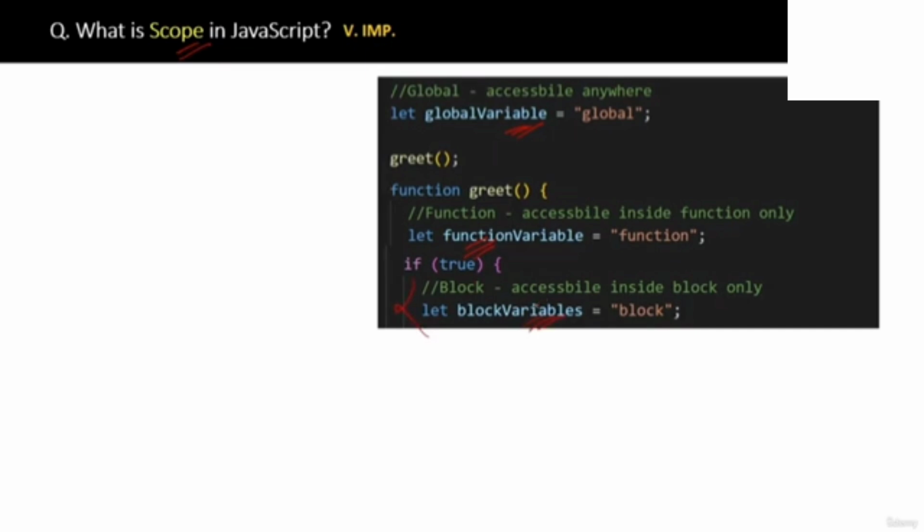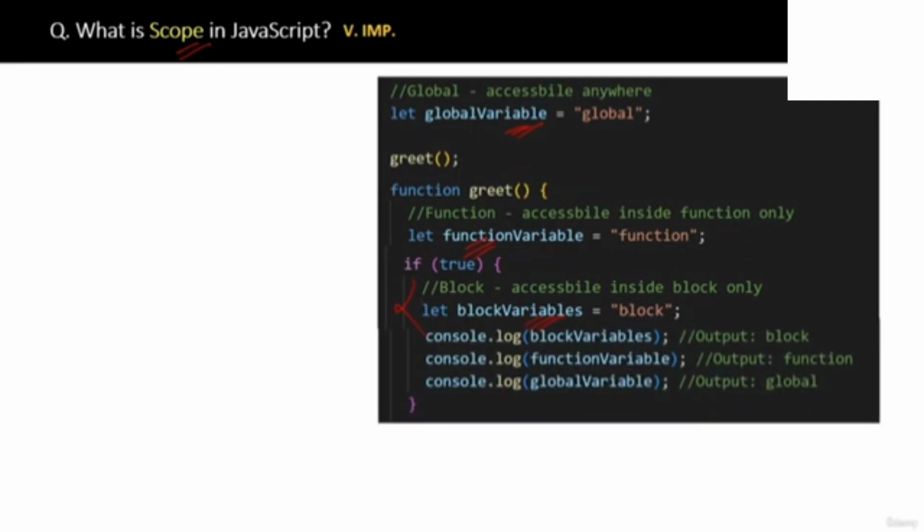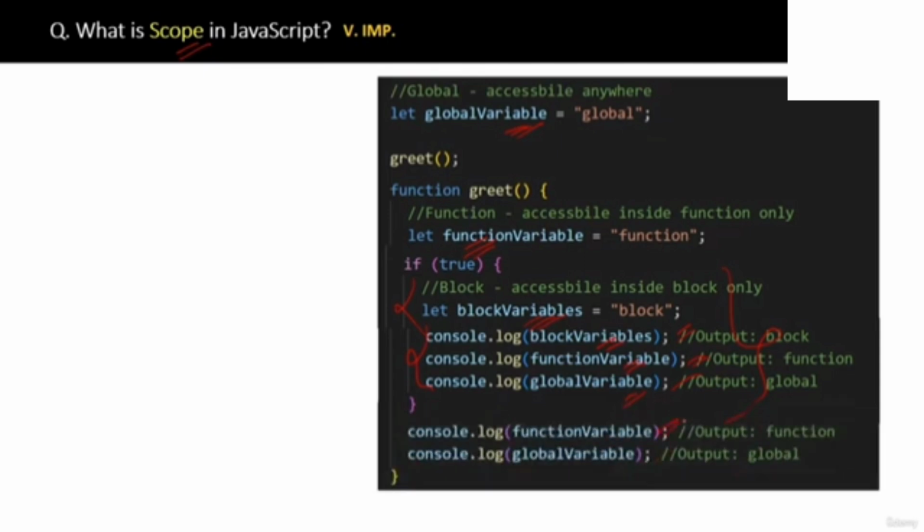Now the difference is that all three variables can be accessed as per their scope. For example, all three variables will be accessible inside the if block, meaning at block level all three variables are accessible. But only function and global variables are accessible inside a function. The block variable is not accessible outside its own block, okay?